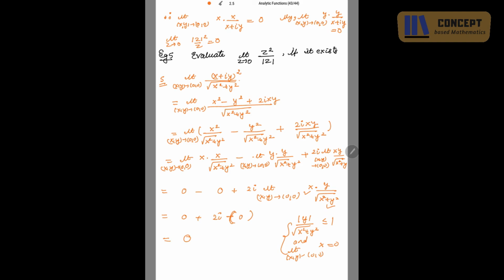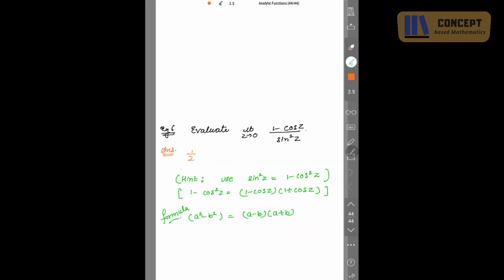You can take y outside and x inside, this is one and the same thing. So the next one is an exercise for you, that is, evaluate the limit as z tends to 0 of 1 minus cos z.